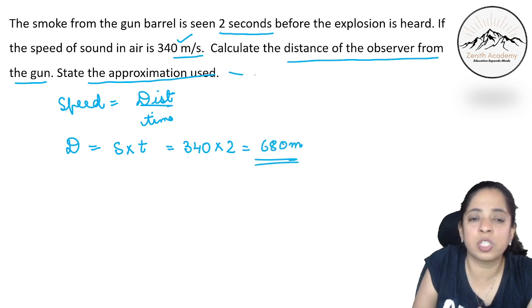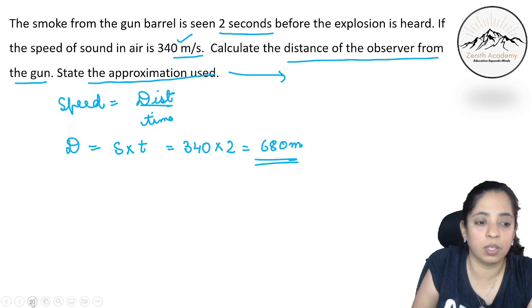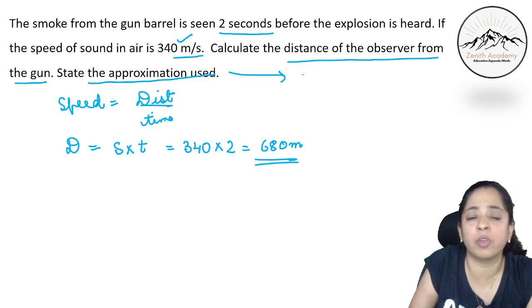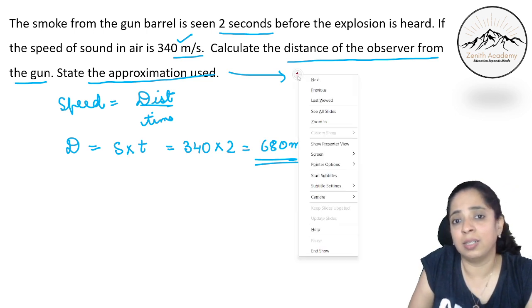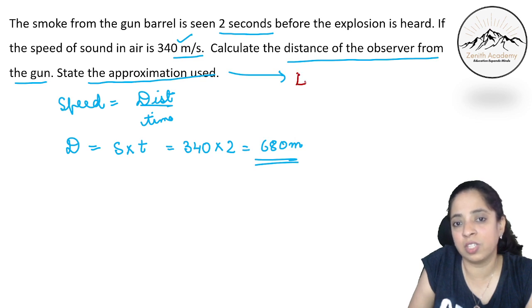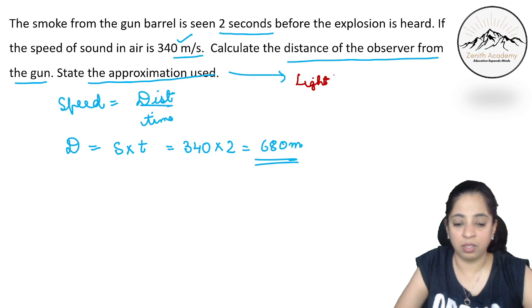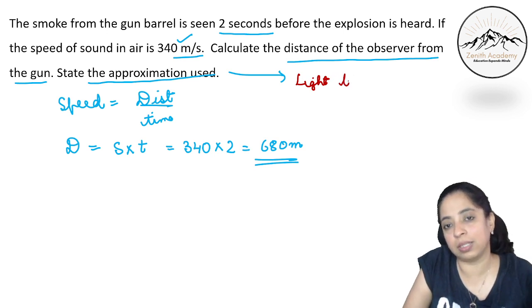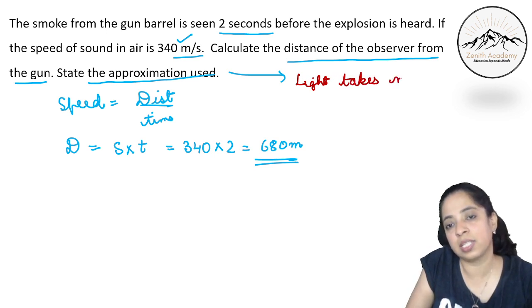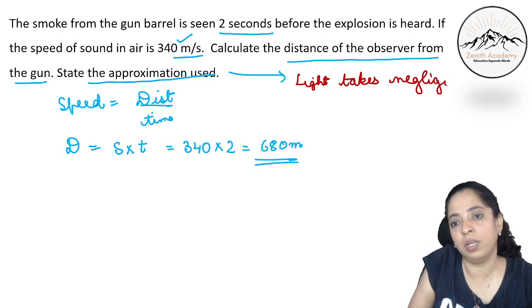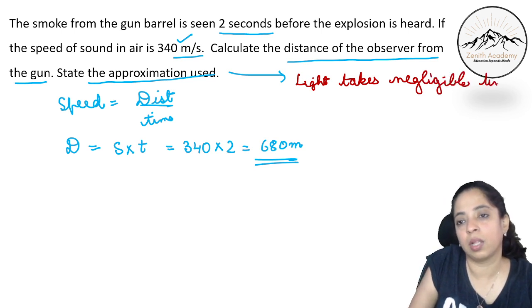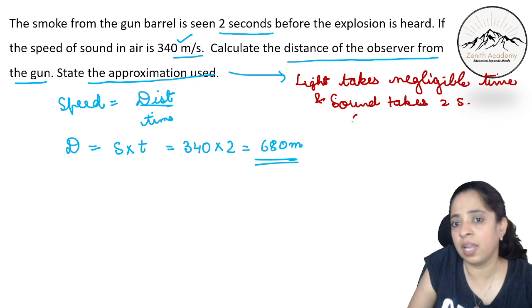And what is the approximation we have used? I told you what is the approximation we have used, that light travels in no time, right? Light takes negligible time, and sound takes 2 seconds. Why?